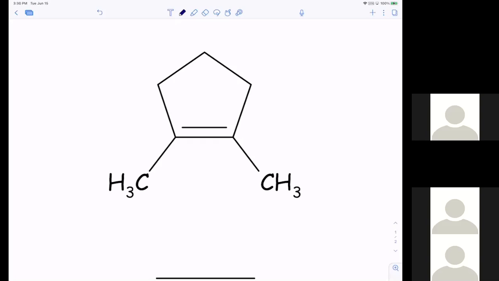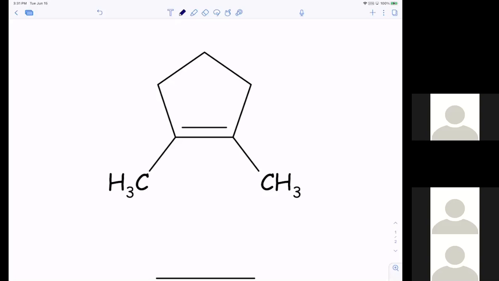I would not give this to you on a test. So can someone figure out what that's called? Be brave, be logical. Cyclo... 1,2-dimethyl cyclopentane. Oh, you're close. You're very close.